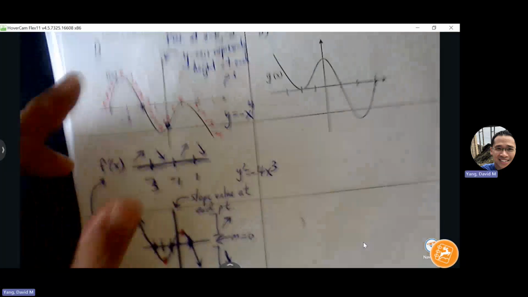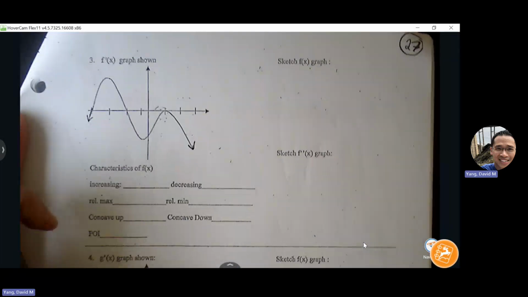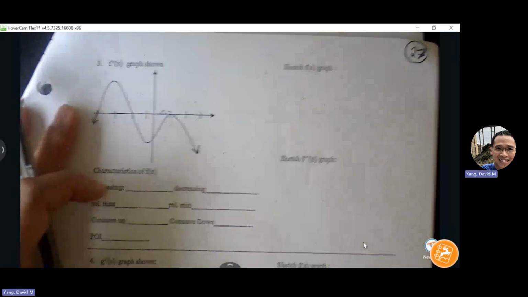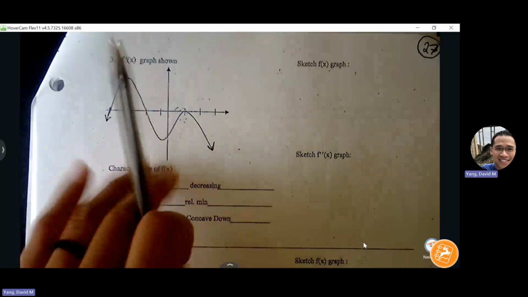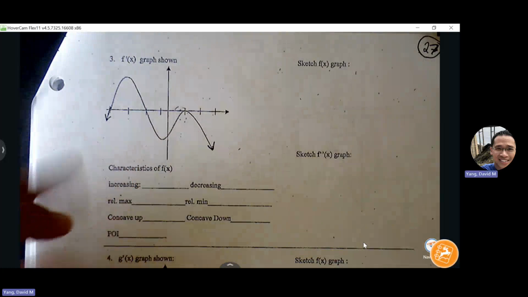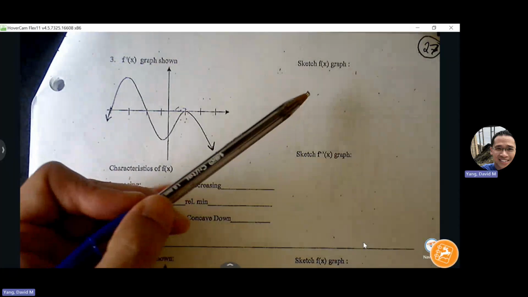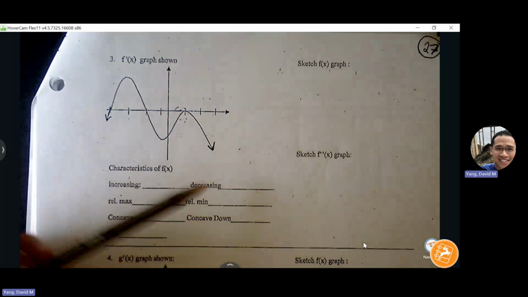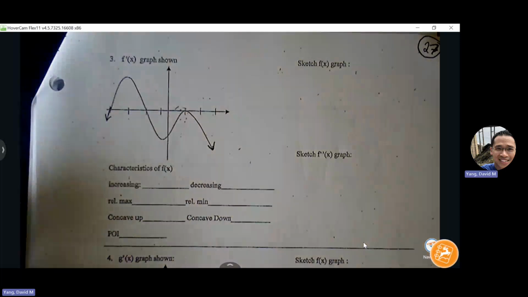Okay, let's go to the next page, page 27, number 3. Now we're going to look at an F prime graph. This is what your test will feel like. I'll give you an F prime graph, I'll ask you to sketch the f of x and f double prime, and I'm going to ask you information about the original graph based off of the F prime.